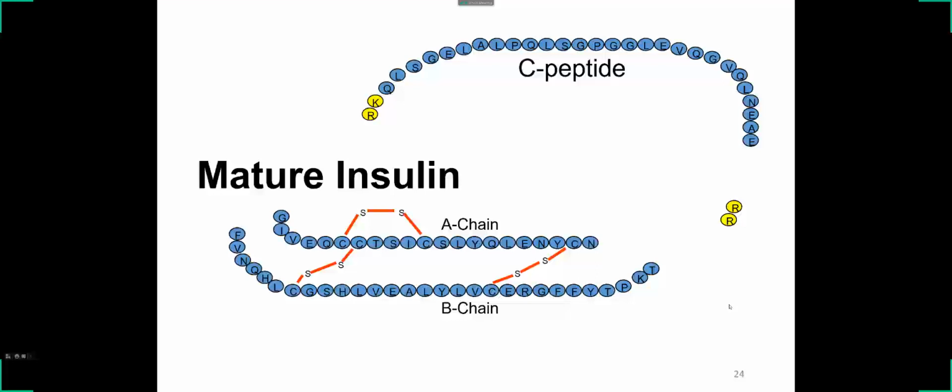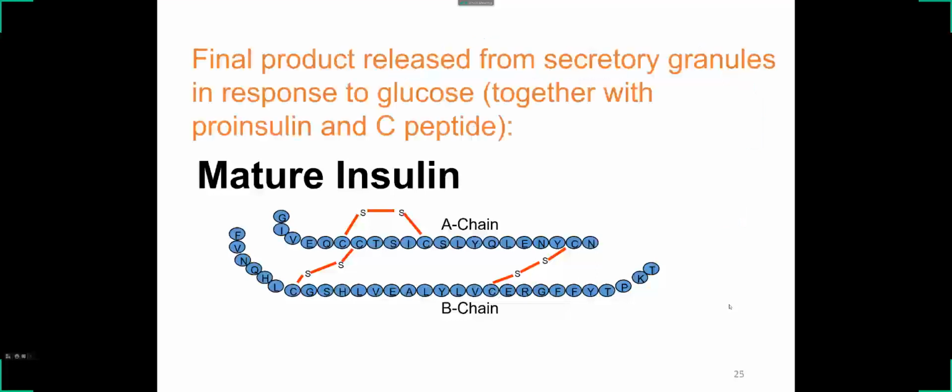Then that cleavage event will release these two arginine amino acids and give you the final product, which is ultimately put into the secretory granules, and in response to glucose, together with proinsulin and C-peptide, gets released.